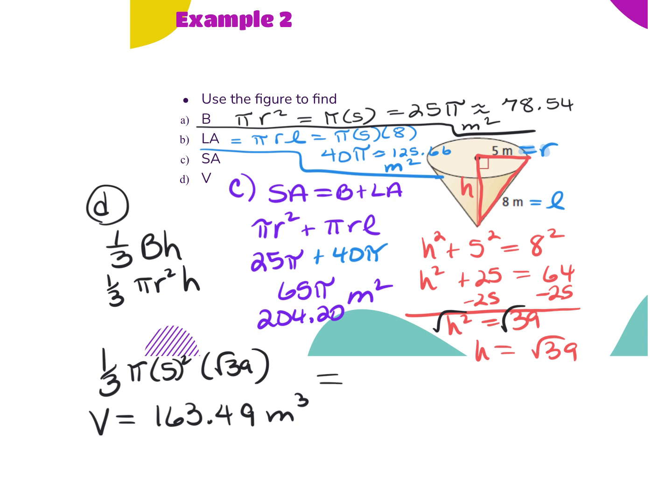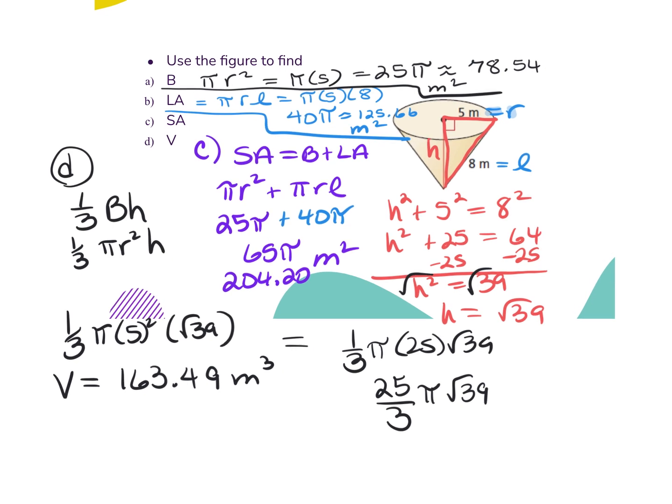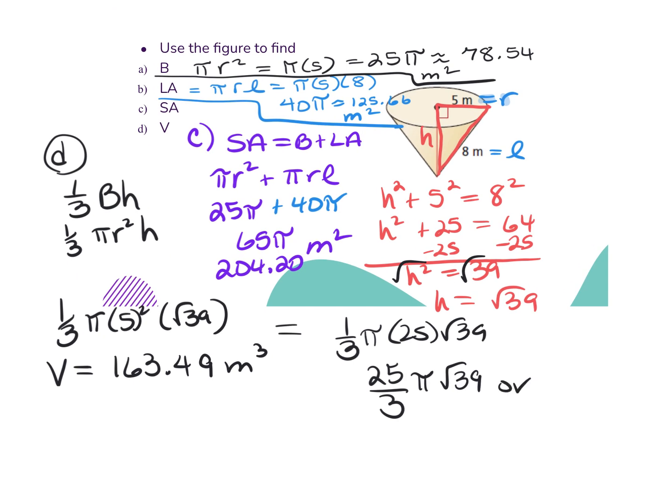Let's say they wanted it in simplest radical form and in terms of pi. All I would multiply here is I would square the 5 and make it 25, and then the radical 39. So left in terms of pi and in simplest radical form would look something like that. It doesn't matter the order where you put the pi and where you put the radical.